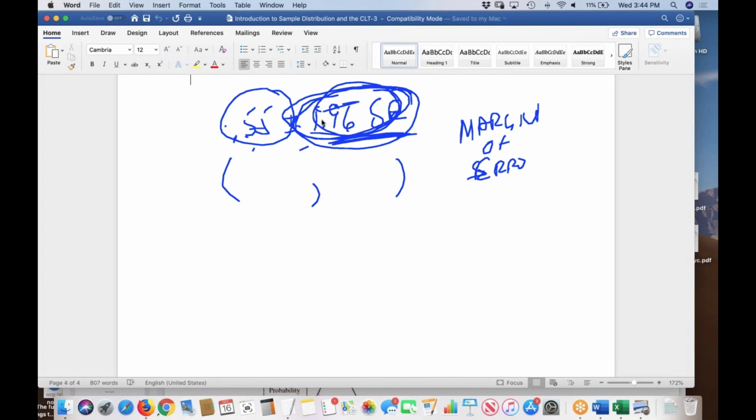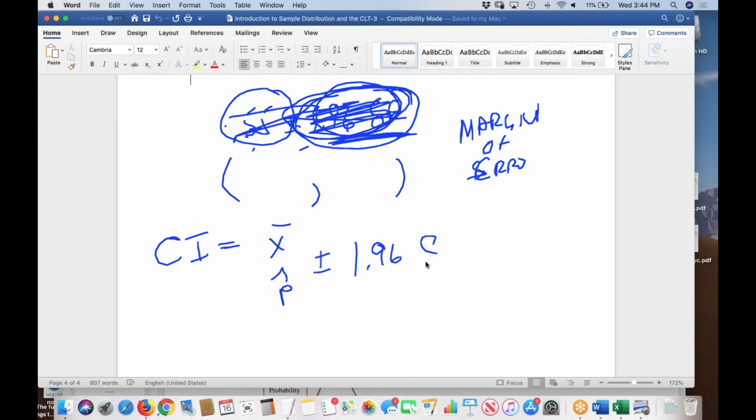Okay, so our confidence interval is equal to either our mean or our proportion plus or minus 1.96 times the standard error for the sample that we got our mean or proportion from. And if we want to make it a 99% confidence interval, we use 2.58.